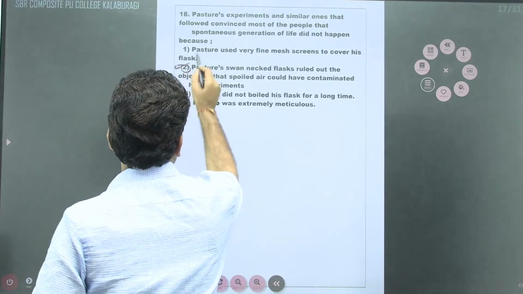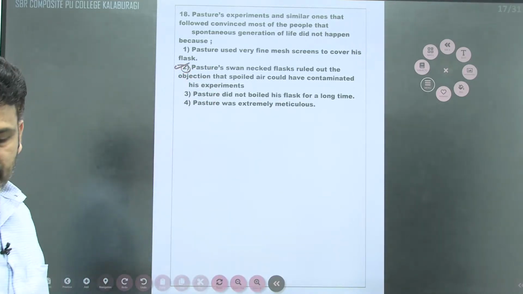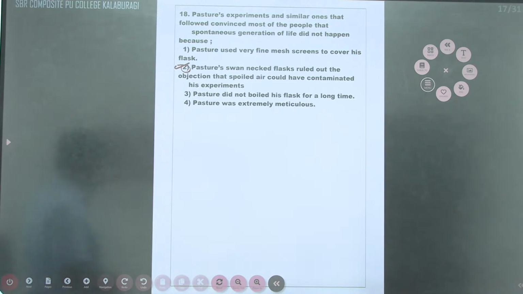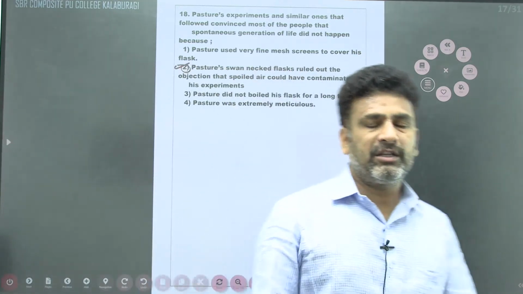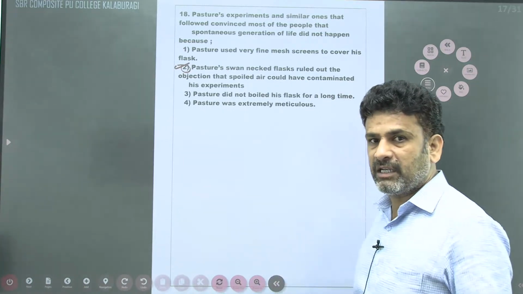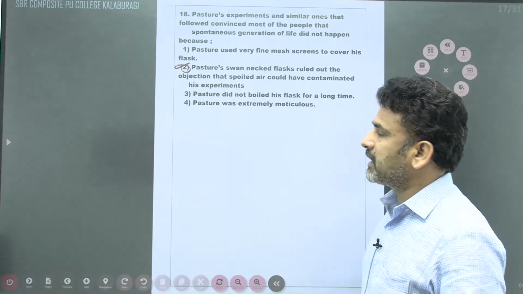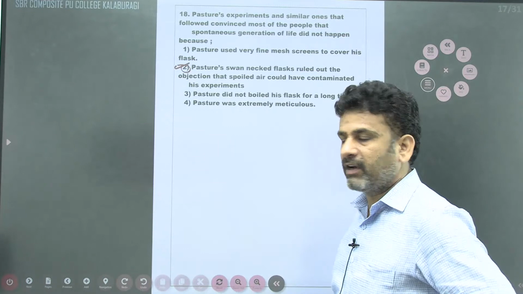By conducting this experiment, he supported the theory of biogenesis and disproved spontaneous generation forever.